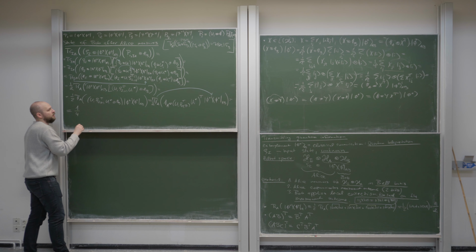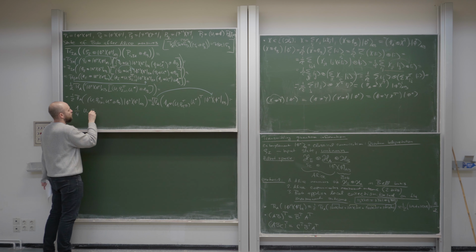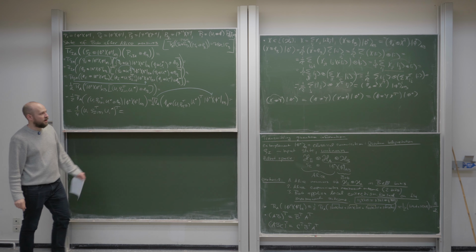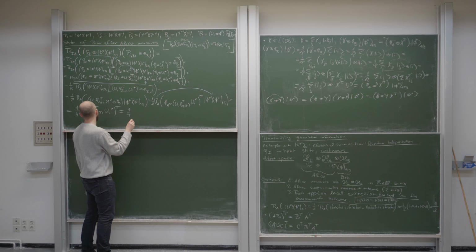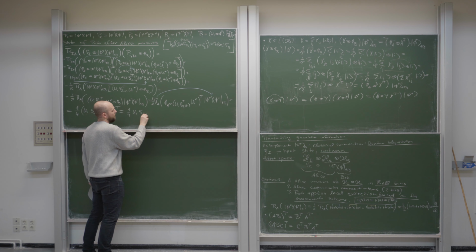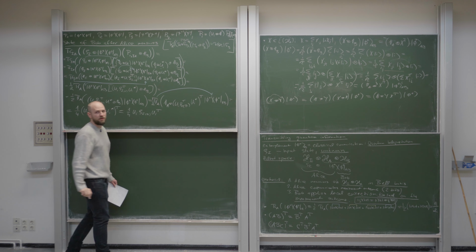So we get 1/4 U_i rho I, but now living on B, transposed U_i star. And that's all transposed. Now just the last thing is to undo the transpose. And we get U_i rho I, but now living on B, U_i transposed.